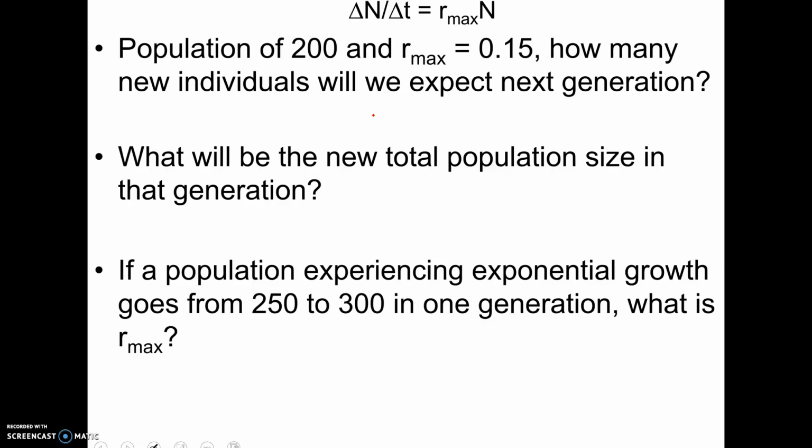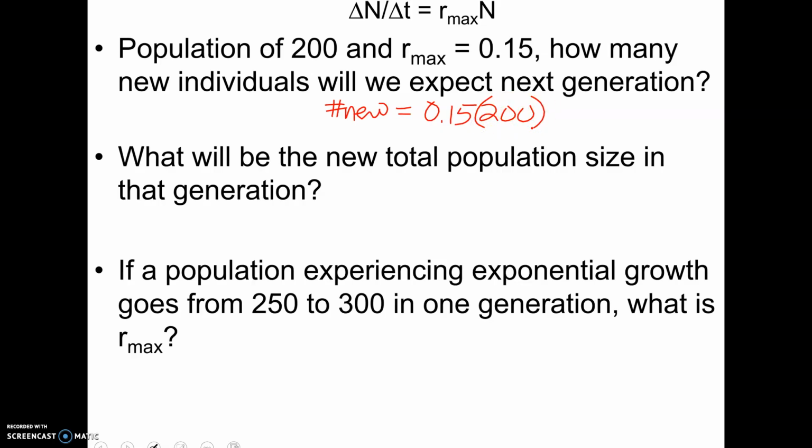So let me show you an example. A population of 200 with a growth rate of 0.15, how many new individuals will we expect in the next generation? Very simple. The number of new individuals, delta N over delta T, the change in the population size, is going to be equal to 0.15 times N, our population size of 200.